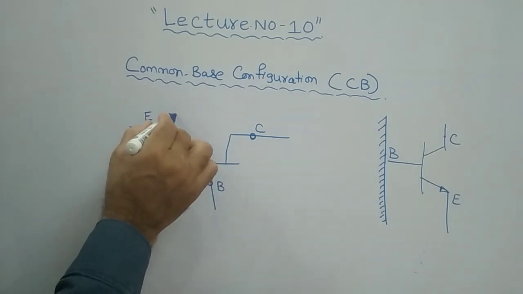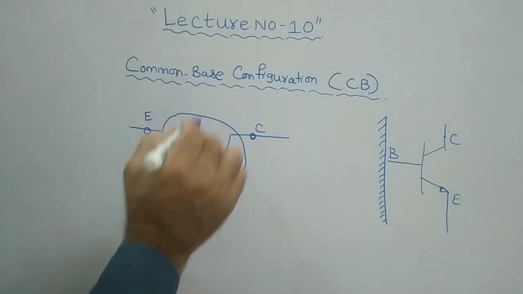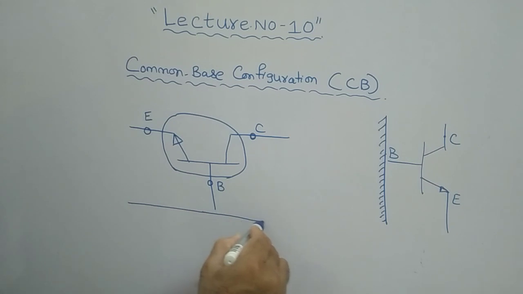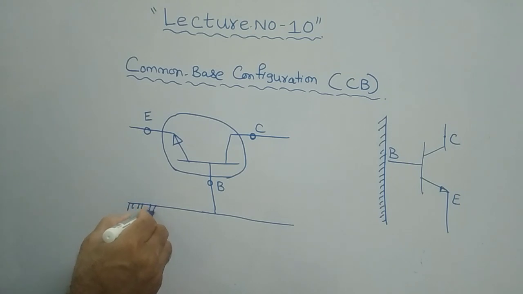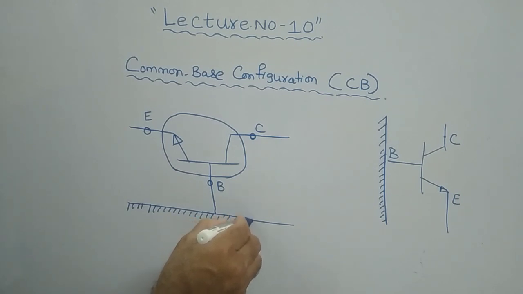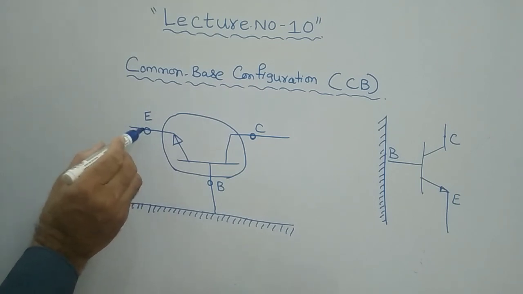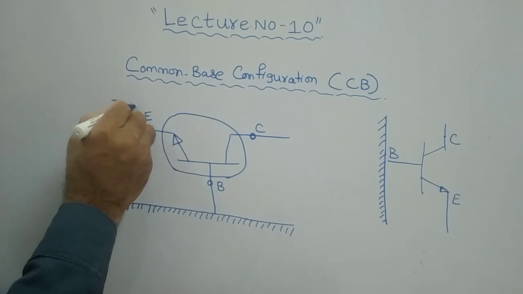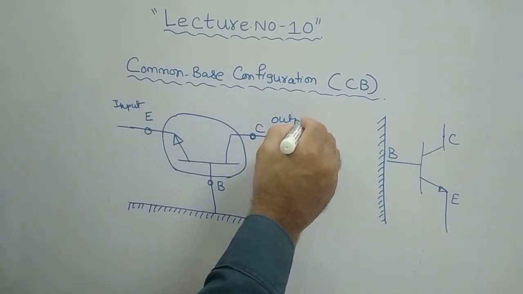This is the meaning of common: the base terminal is kept at zero potential, or can be put as the reference with respect to the remaining two terminals. The emitter terminal will be considered as the input here, whereas the collector will be taken as the output normally.